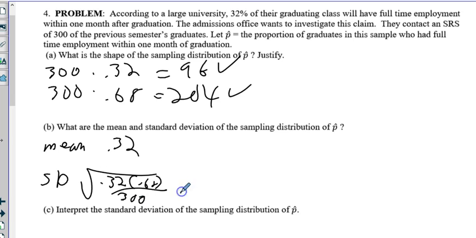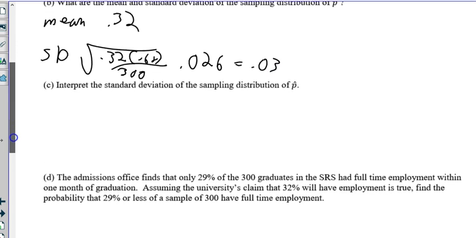That gives us 0.026, so we'll call that 0.03, which is also 3%. So again, if I was making my normal distribution, 0.32 would be in the middle, and I would go up 0.03 3 times and down 0.03 3 times. Same as we've been doing.